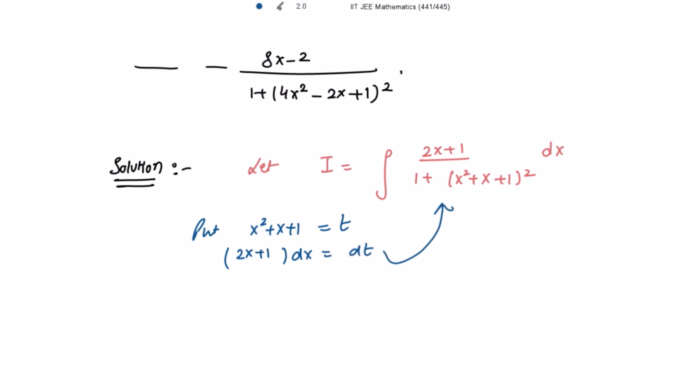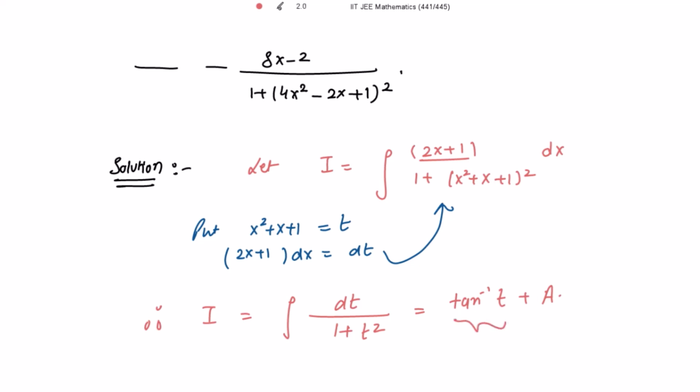So using this over here, I is equal to the integral of 2x plus 1 dx, taken as dt, divided by 1 plus t squared. Is it fine? Alright. And this is nothing but tan inverse t plus a constant, where a is a constant of integration.